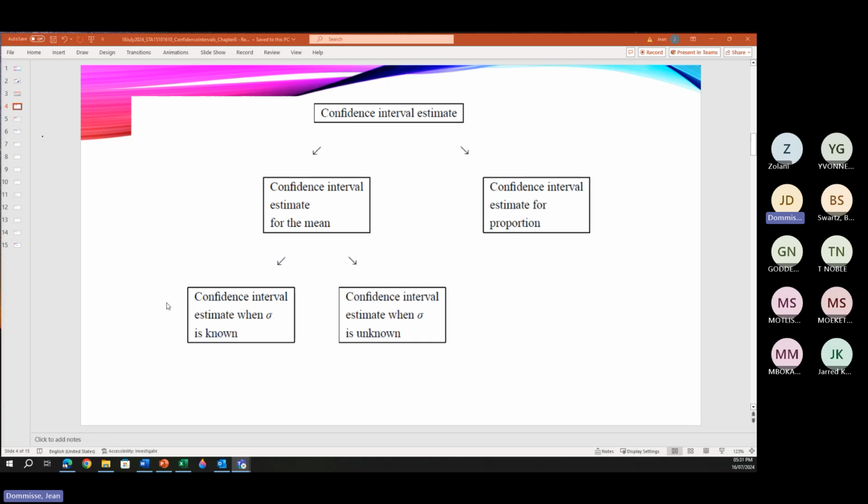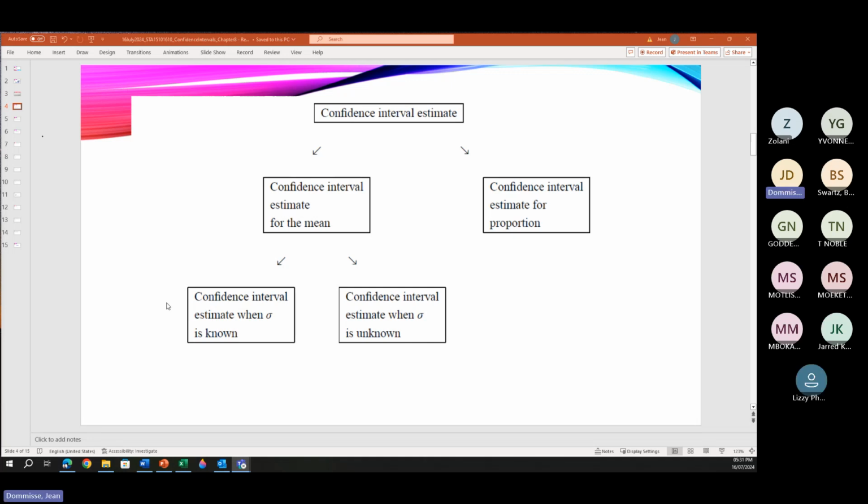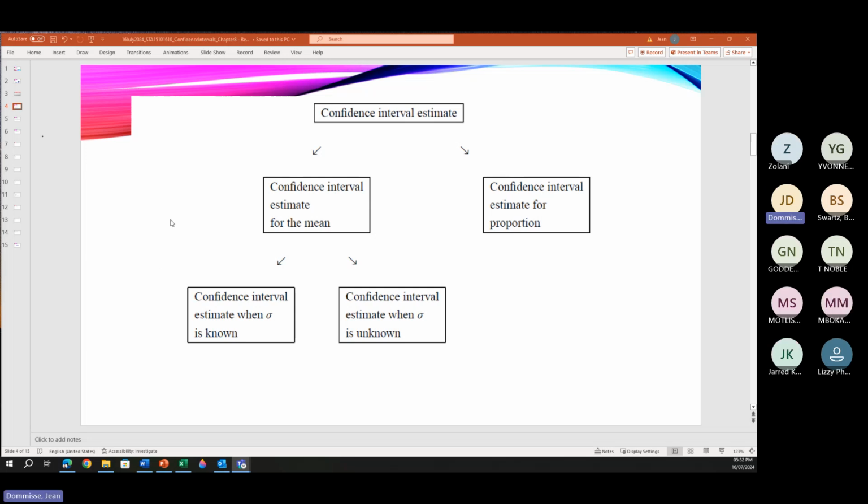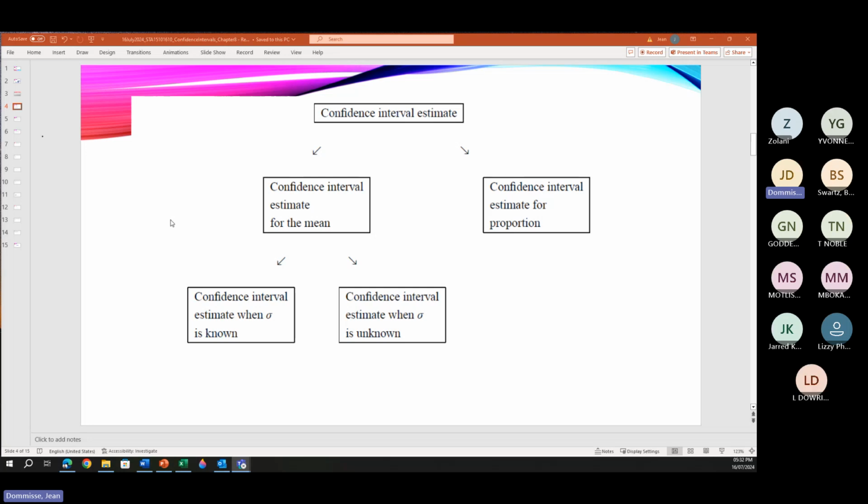Okay, so just to recap again on what we're going to look at. So again, quite important in this chapter is nearly the continuation of what we did in chapter 6 and 7. So with confidence interval, we will again look at Z values.